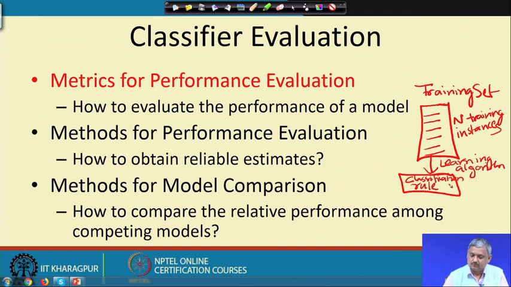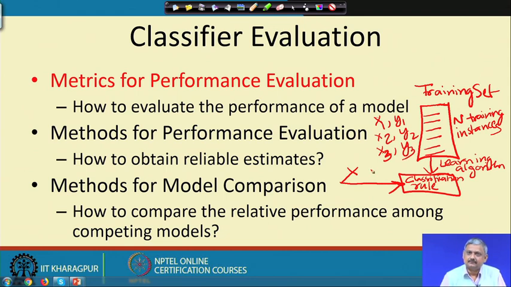What does the classification rule do? If you take in a new instance x whose y is not known, note that in the training instances I have a set of x whose class labels, which I call y, are already known. This is supervised learning; we know the class labels of these instances. Then what this classifier does is predict the class label of this new example x.